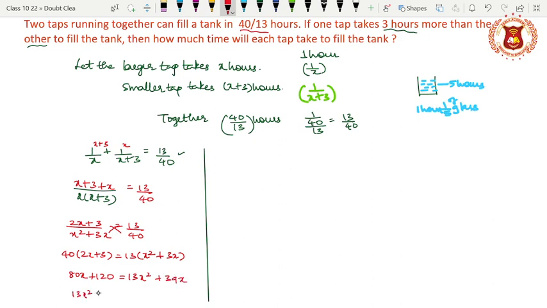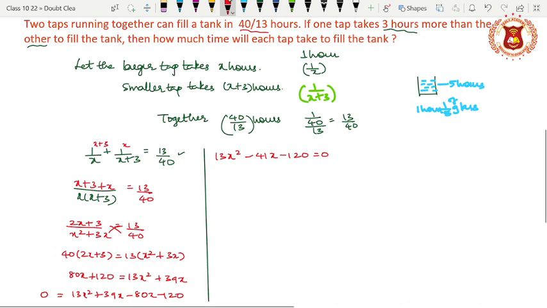I send all the terms to that side, therefore 0 is left here: 13x squared plus 39x minus 80x minus 120. Now this equation simplifies to 13x squared minus 41x minus 120 is equal to 0, right?